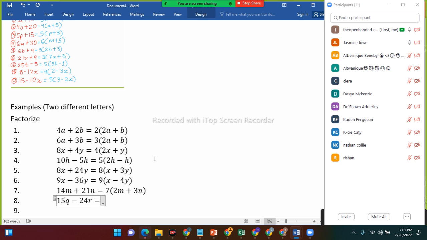What do you think? 15 and 24. What is the greatest common factor? Would it be 3? Yeah, 3. So we put 3 on the outside. Okay, finish it up now, Jasmine.